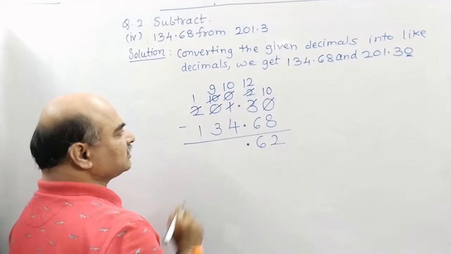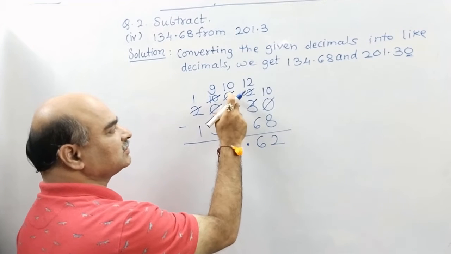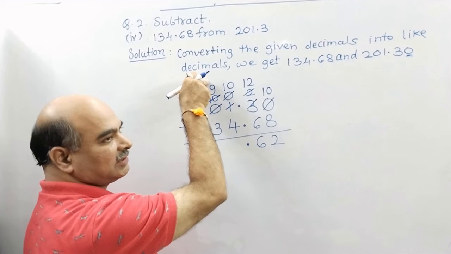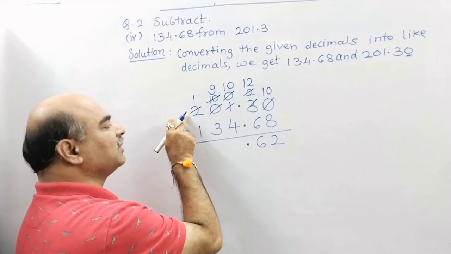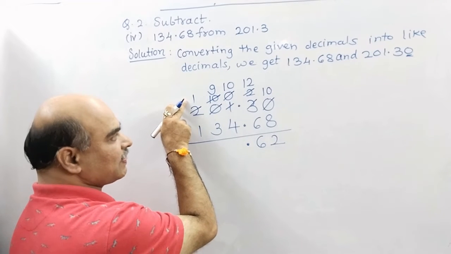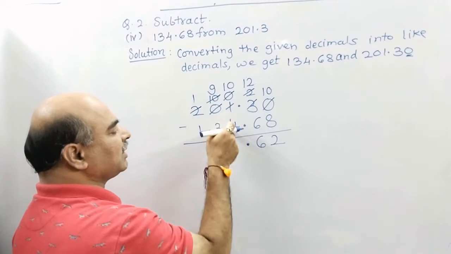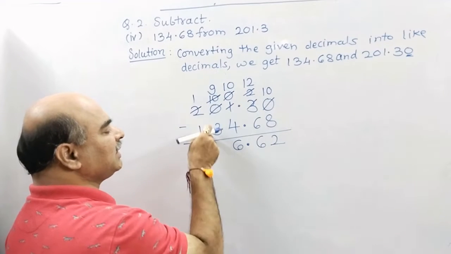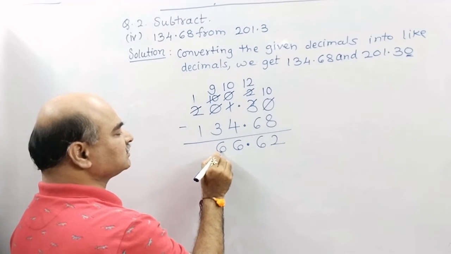Okay, so this is the method. We have 2 zeros here. Take the first 0 as 10 and the second 0 becomes 9, and the previous number becomes 1. Now 10 minus 4, we get 6. 9 minus 3, we get 6.